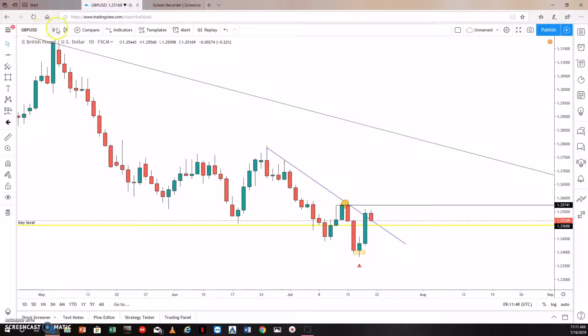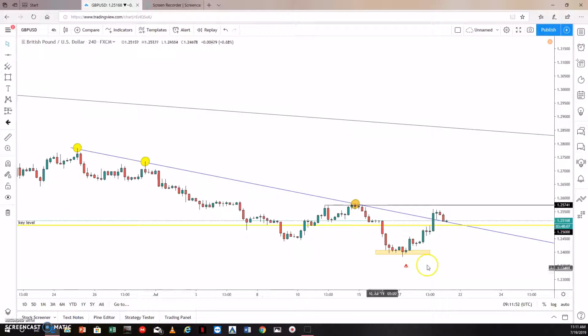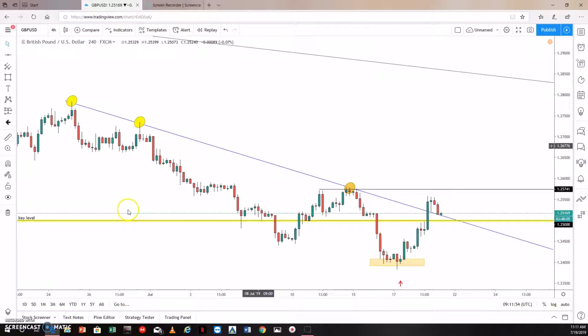Let me jump into H4 just to explain. We had this trend line that we drew, with points 0.1, 0.2, 0.3. At this point, price hadn't moved at all, so we hadn't had this price action at these areas.